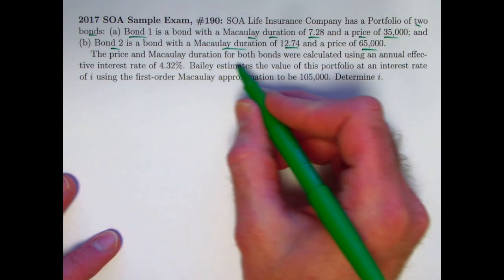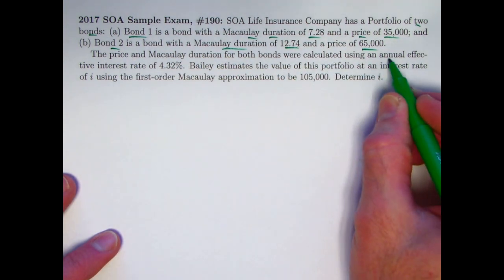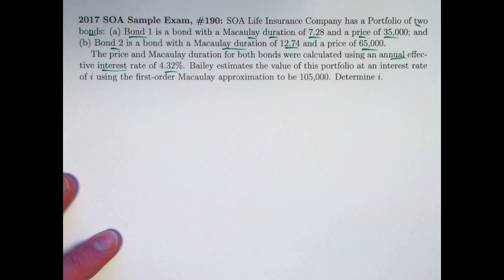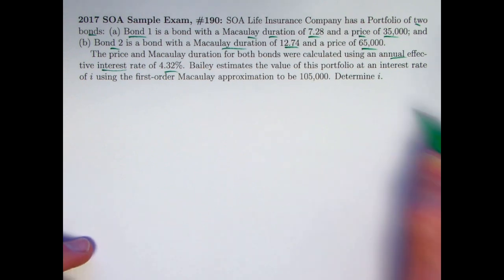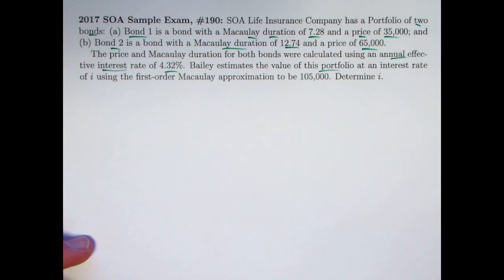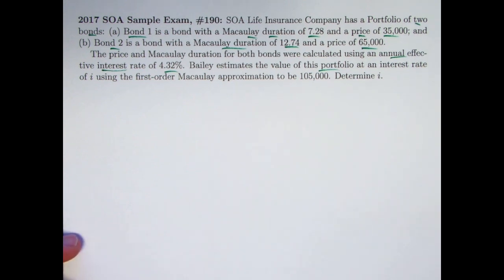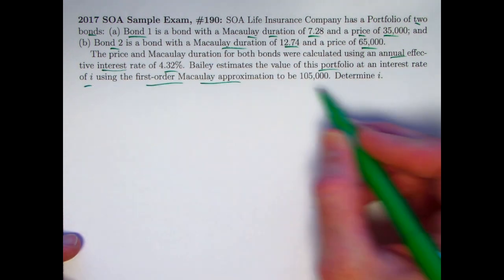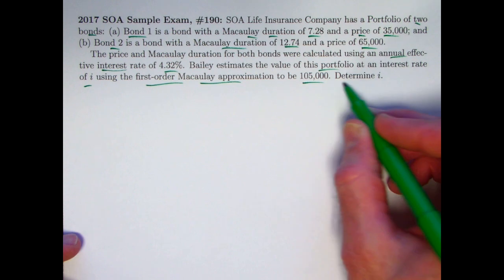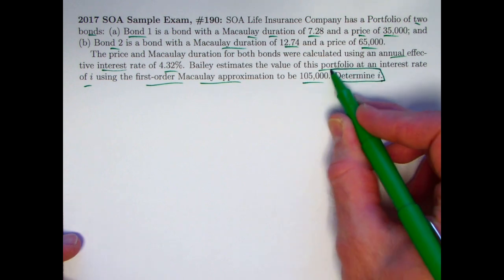The price and Macaulay duration for both bonds were calculated using an annual effective interest rate of 4.32%. Bailey estimates the value of this portfolio, two bonds combined together in your investments, at an interest rate of I, using the first order Macaulay approximation to be 105,000. Determine I.